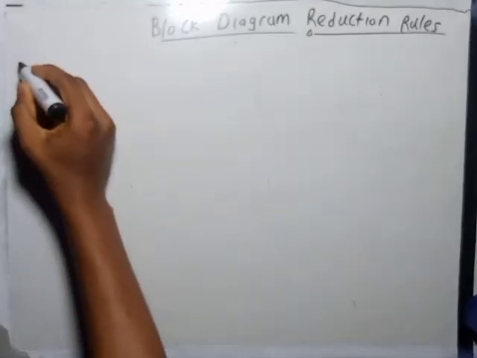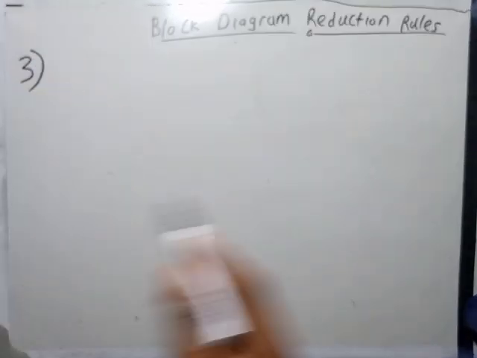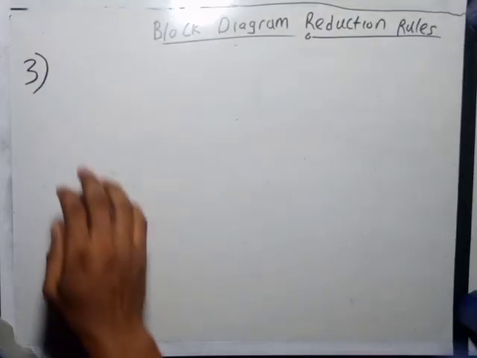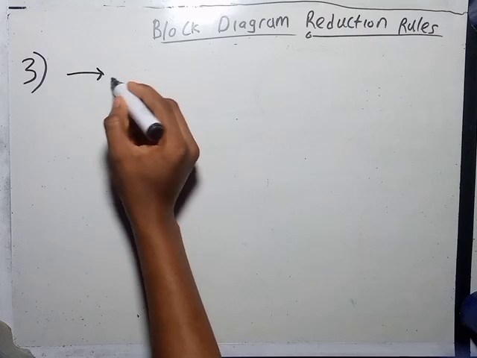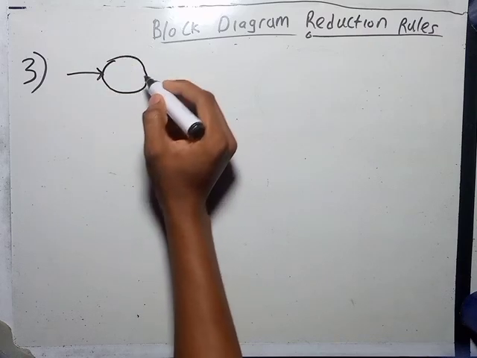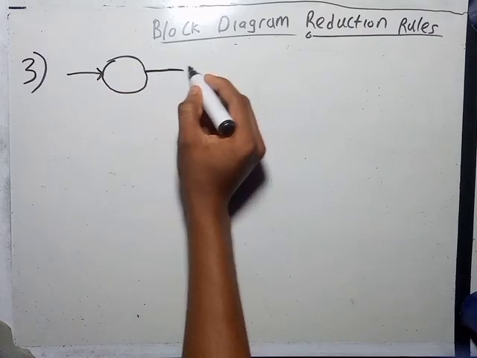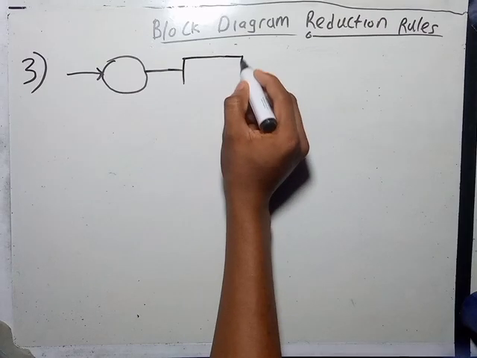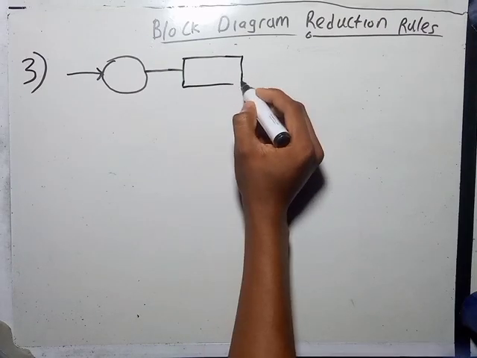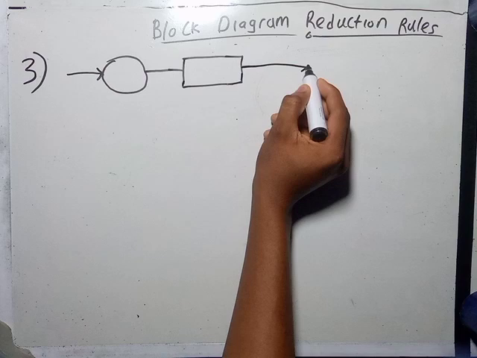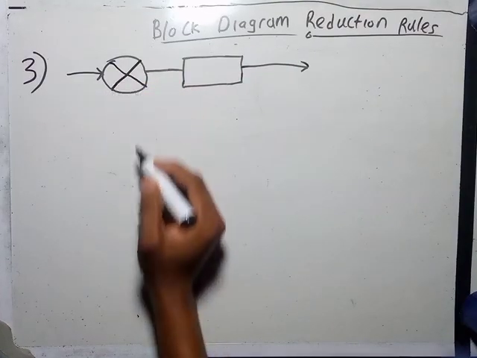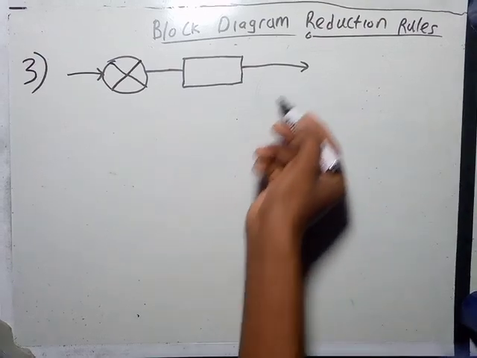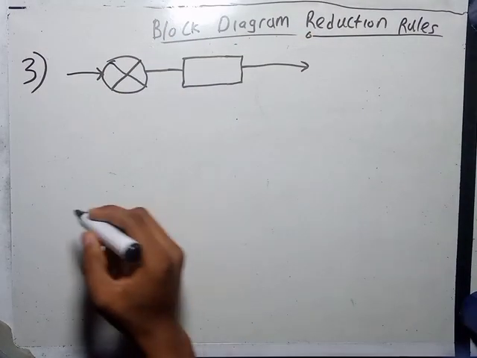So let's continue. Another rule again is that of the summing points. Now our summing points can either be moved in front or behind. You can move it in front of a transfer function box. You can also move it behind. So we'll be having two cases.